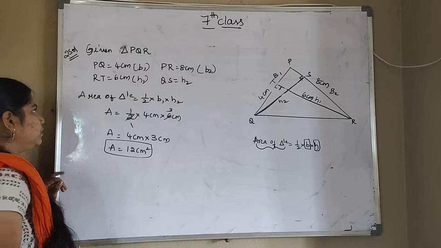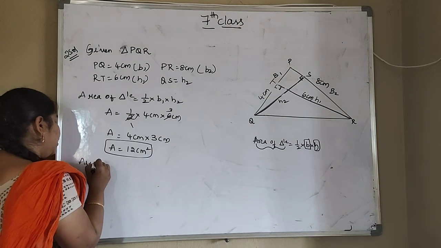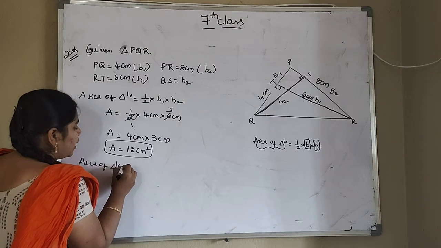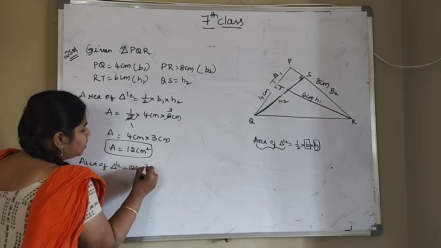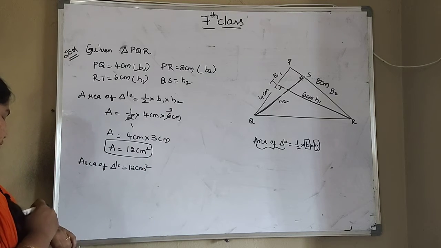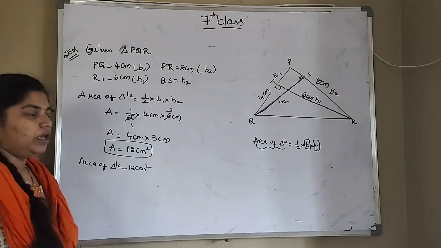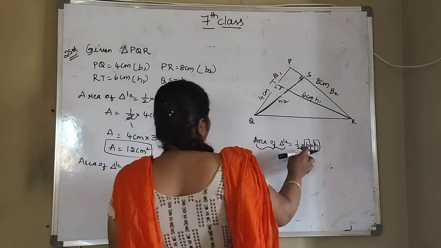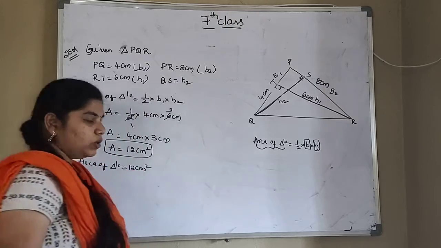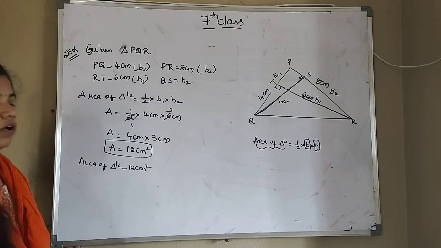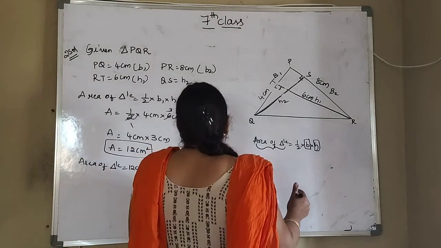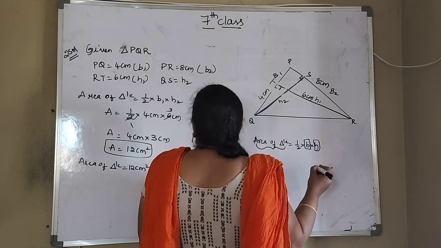Okay, so till now you have found the area of a triangle. Area of a triangle you got as 12 centimeter square. Now by using this we have to find this QS value. For finding the area we want base value and height value. We got the area now. Now what we have to find? We have to find this height value.